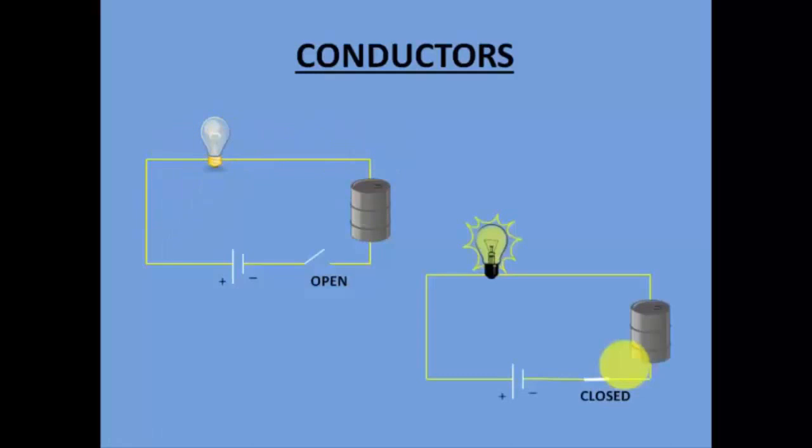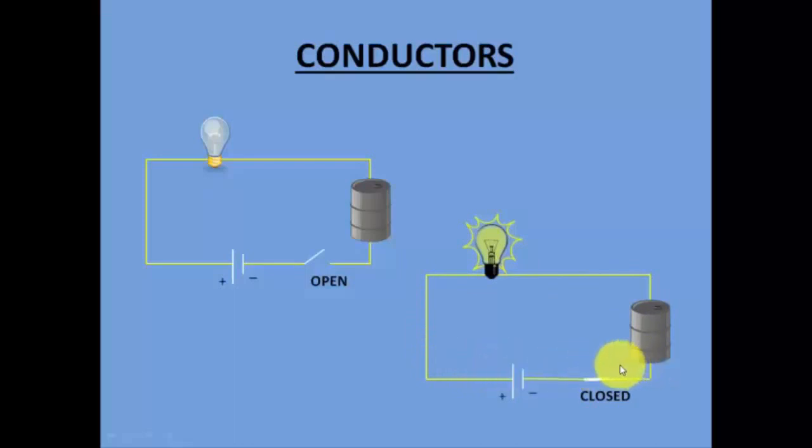Now see what happens as soon as I close this key. When I close this key, the negatively charged electrons will find their way and pass through this drum, and immediately the circuit is complete. They will flow from the negatively charged end of the battery through this drum and again towards the positive end of the battery.